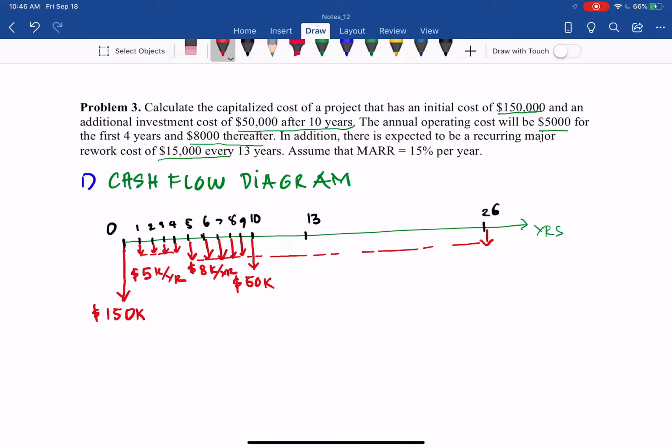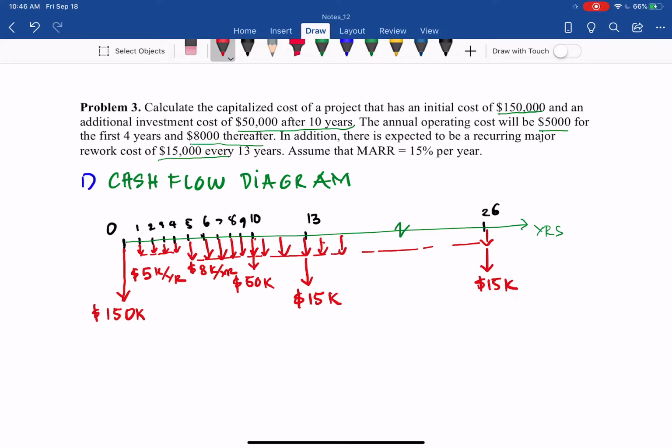So it will be year 10, and you have over and over, etc. And then we have the recurring major rework costs, 15,000 every 13 years. So here, every 13 years, 15,000. And of course, at another 15,000. And continue, the next is at year 39.